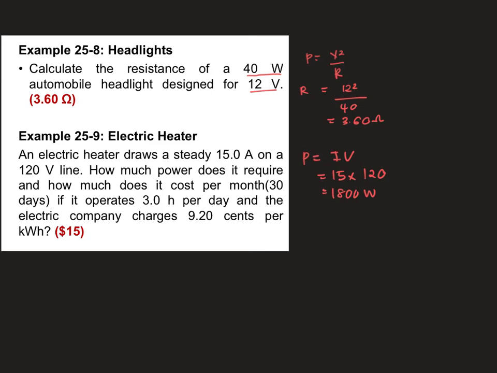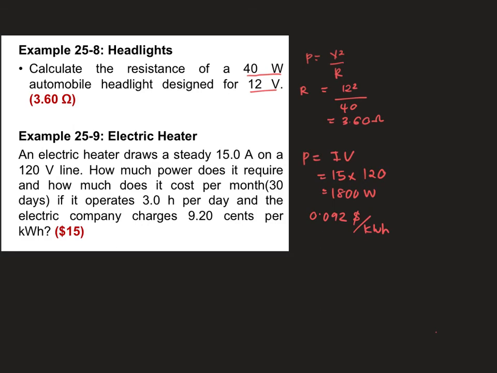Now we are going to find how much it costs per month. One month is 30 days, it operates 3 hours per day, and the electric company charges 9.20 cents per kilowatt hour. We need to convert that 9.20 cents into dollars, which means you are going to have 0.092 dollar per kilowatt hour.